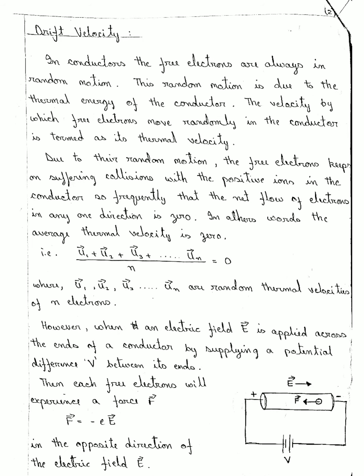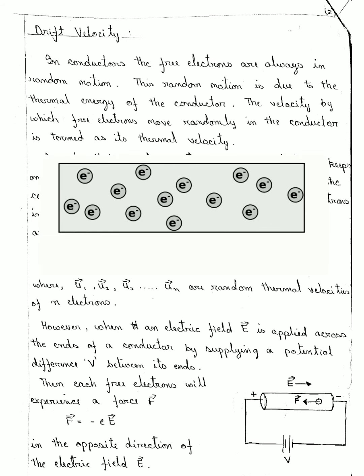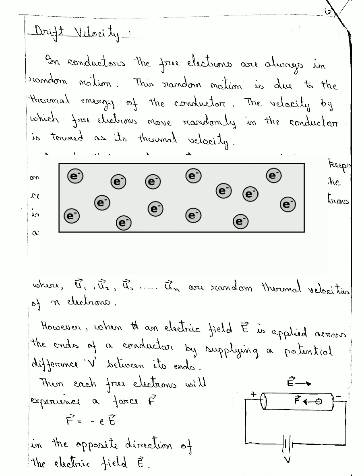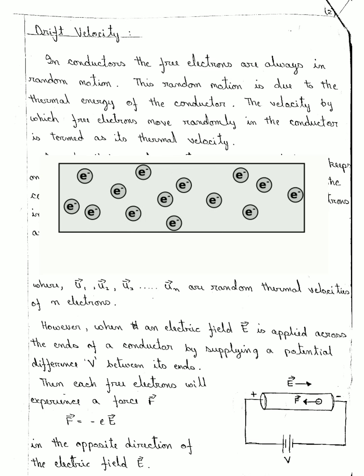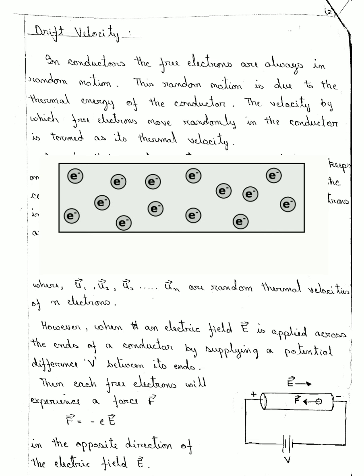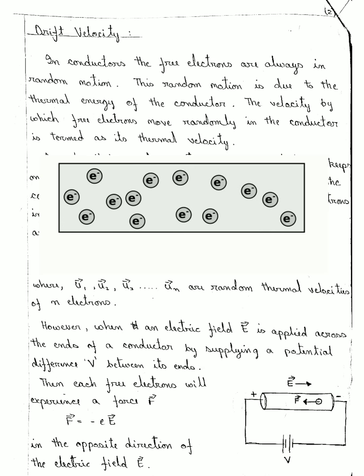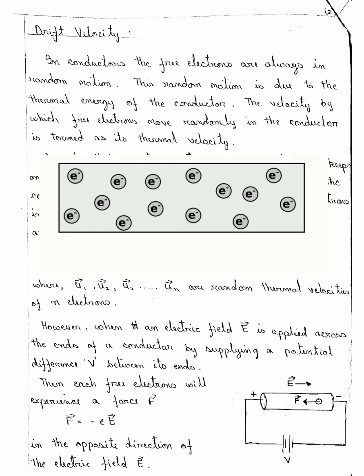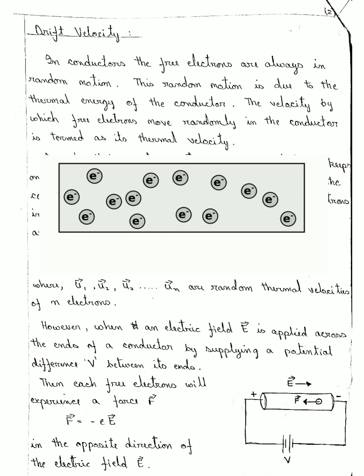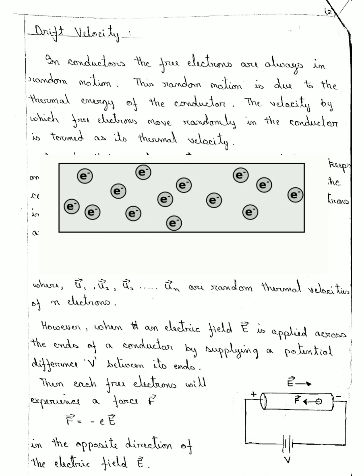Now we come to the concept of drift velocity. Now in conductors, the free electrons are always in random motion, and this random motion is due to the thermal energy of the conductor. The velocity by which free electrons move randomly in the conductor is termed as its thermal velocity.